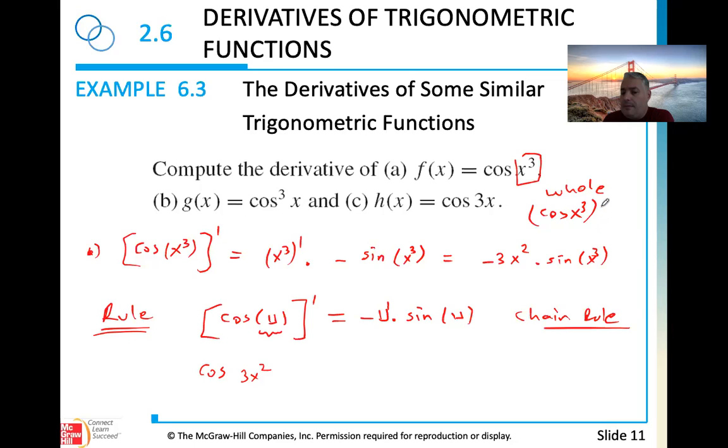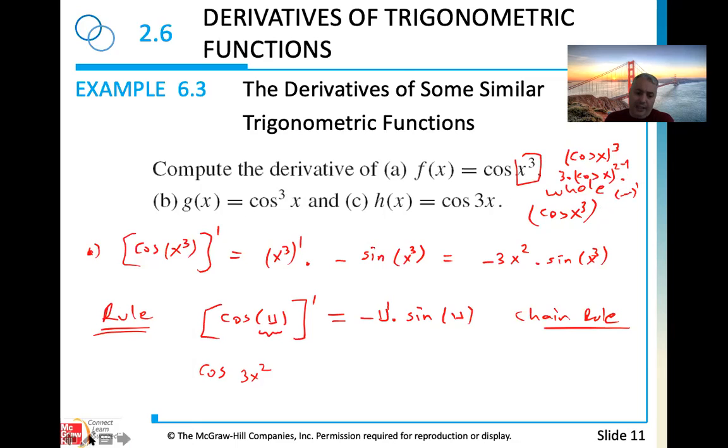The power is not for all of the cosine, it's only for x. So cosine of x cubed, here I will say 3 times x to the power of 2 minus 1 times the derivative of the inside.